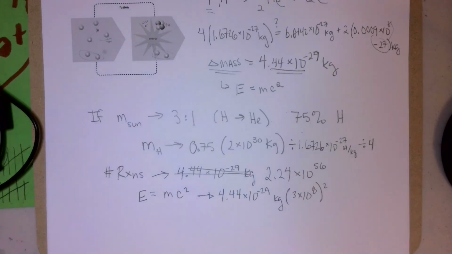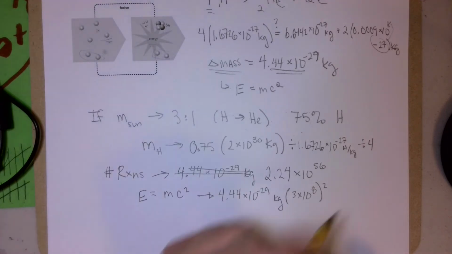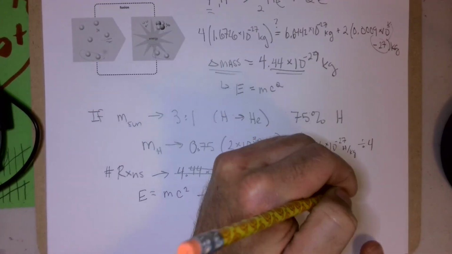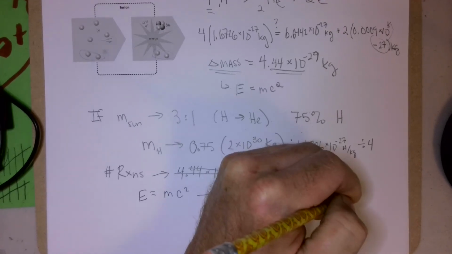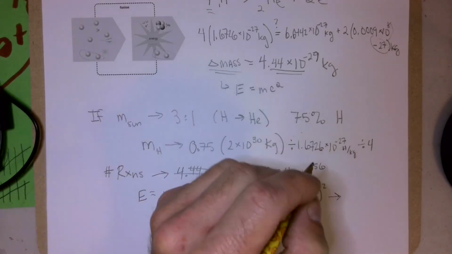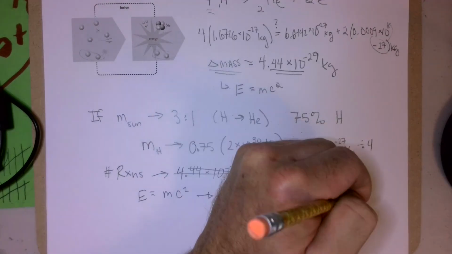And when we do this, we're going to get a number of joules. And so the number of joules that we get is this. So I'm going to get 8.9.